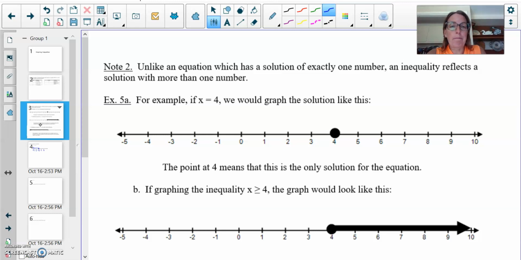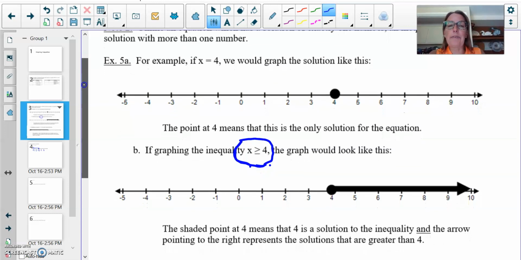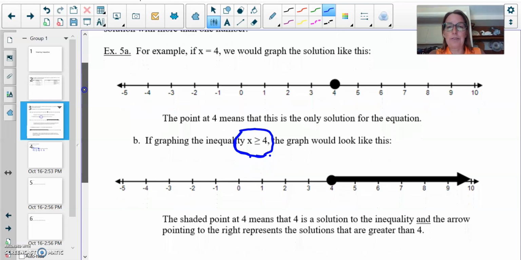So if you remember when we looked at the graph of x equals 4 on a number line, it was a closed point at the number 4. And that closed point meant that 4 was the only solution for that equation. If we're graphing the inequality x is greater than or equal to 4, on the number line we have a closed point at 4, which means 4 itself is part of the solution.